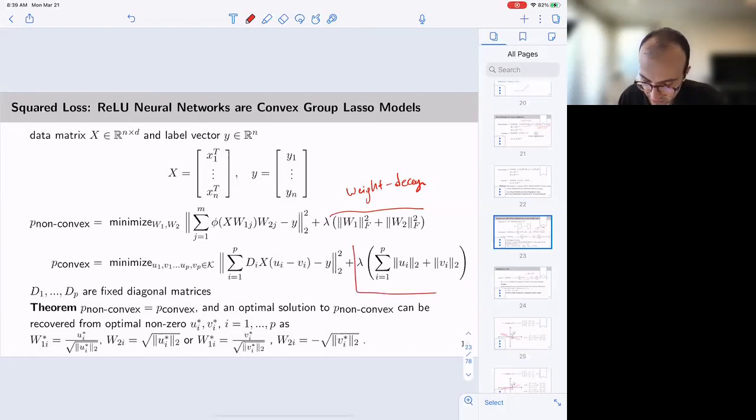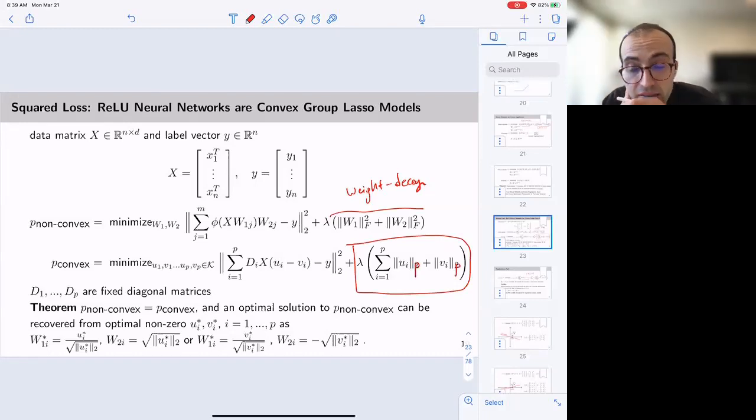Yes, after you get this convex program, you can change this regularization to a P norm if you want. If you use L1 norm, it will give you additional sparsity. The coefficients UI will be sparse. Or you can have something like L infinity norm if you want. It is definitely possible. You can use total variation if you want.